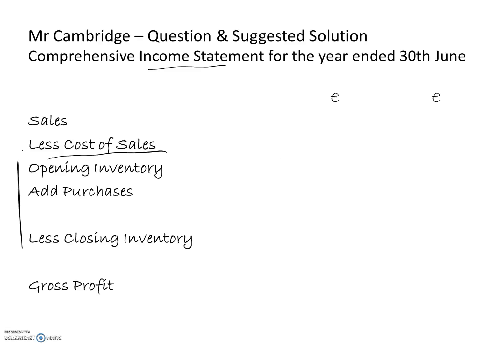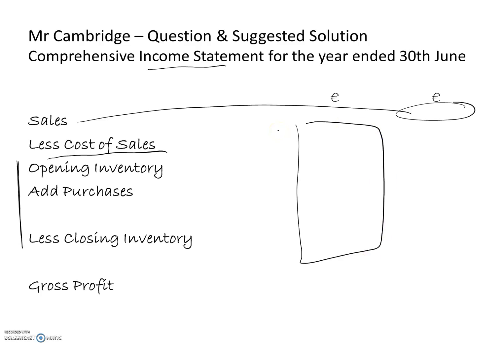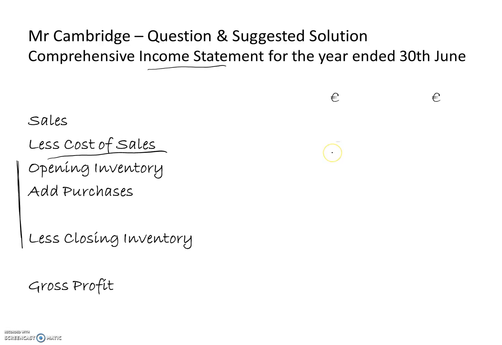So back here, what we need to do is fill in our numbers. I'm going to put my sales over here in the right hand column, and then I will step in here and work out the cost of sales figure: my opening inventory plus my purchases, and I'll add those 2 together.